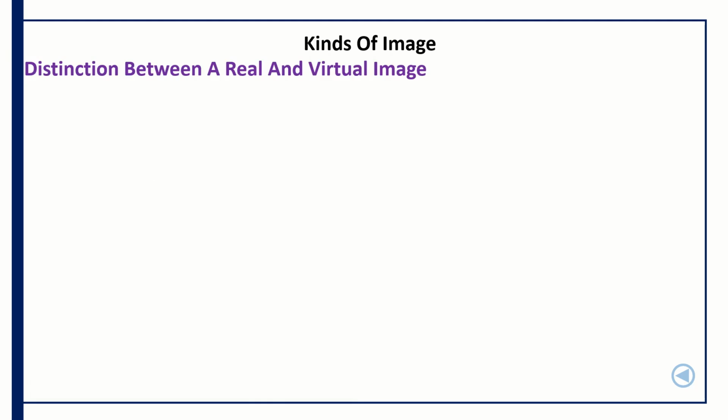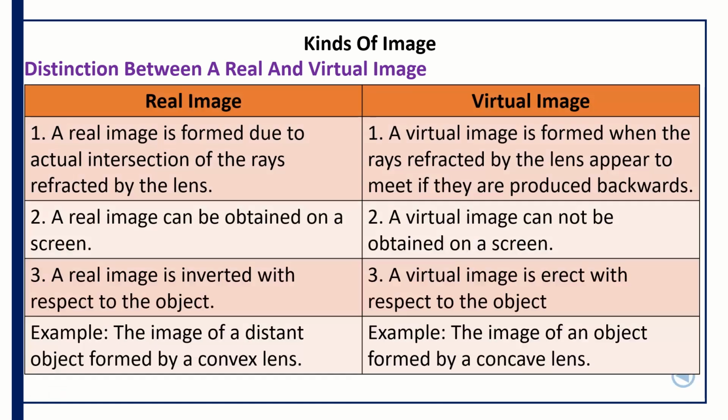So the difference between a real and virtual image, let's try to understand that. A real image is formed due to actual intersection of the rays. They are getting refracted by the lens because they are emerging out from the lens, and then they are meeting at a certain point. So at that point, the image is getting formed. These images are known as real images because the actual rays are getting intersected and creating the images.